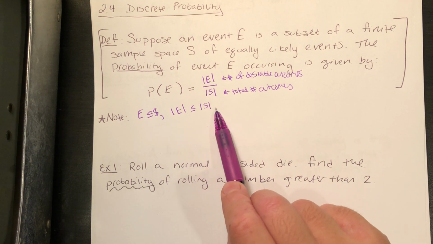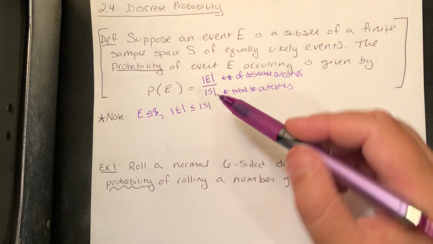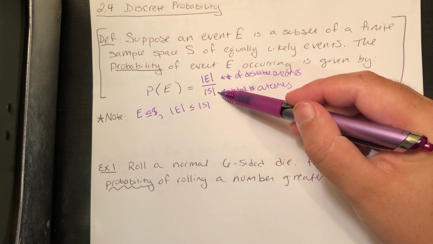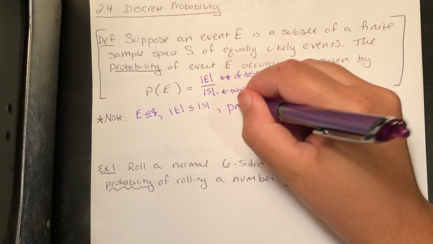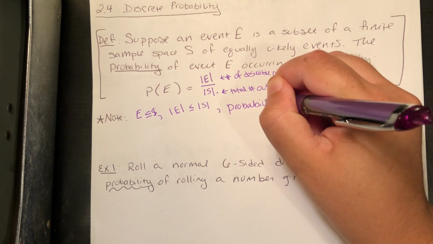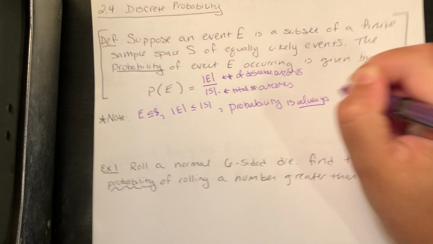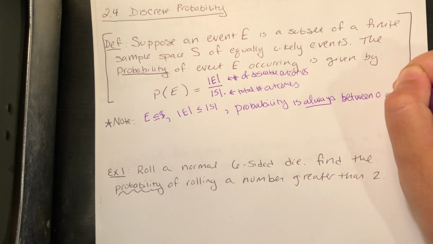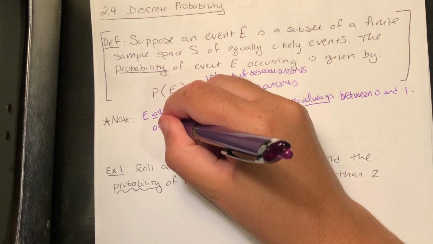So essentially what this tells us is that the probability of event E occurring is always going to be some sort of a fraction where the numerator is less than or equal to the denominator, which means probability is always going to be a number between 0 and 1, including possibly 0 or possibly 1. But it's some real number between 0 and 1. And we often rewrite it as a percentage.